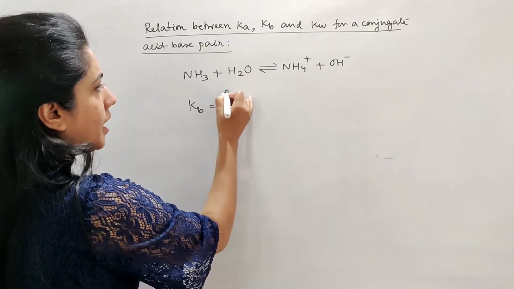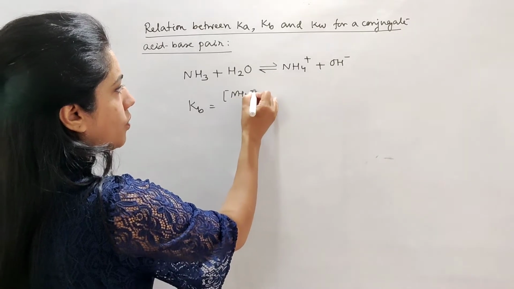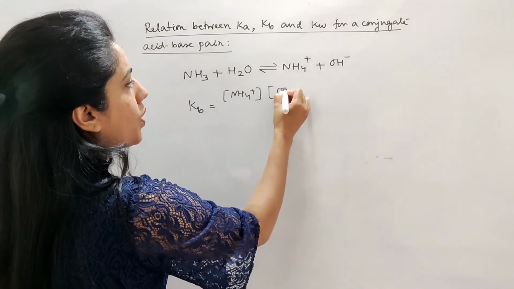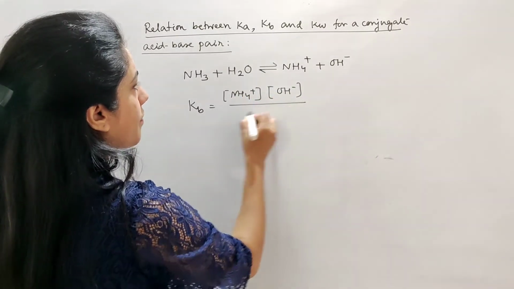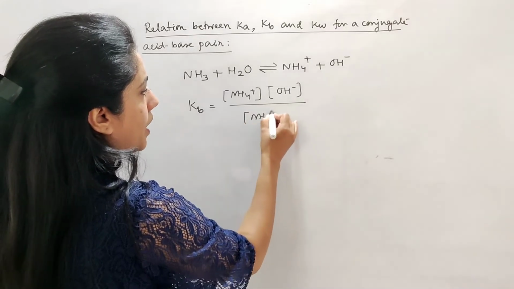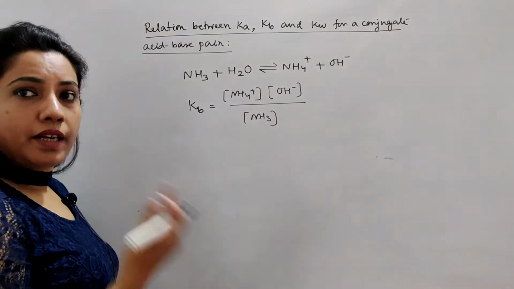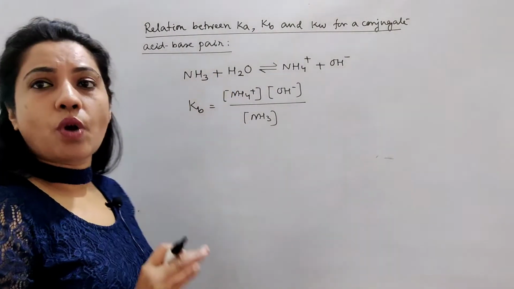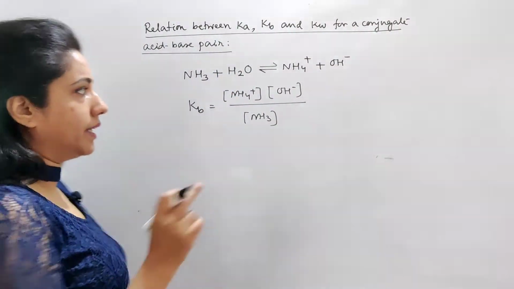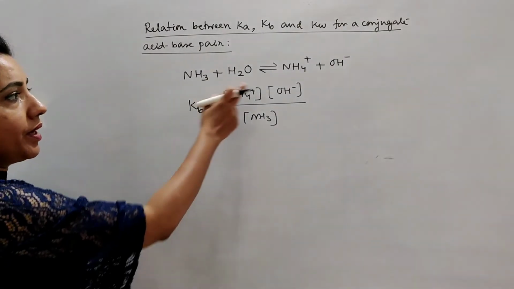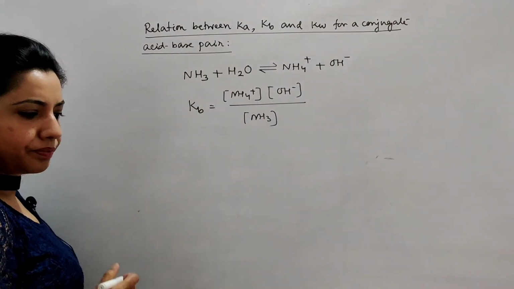Kb for this will be concentration of NH4 plus into concentration of OH minus divided by concentration of ammonia. This is the Kb for this. We will not take the concentration of H2O. Earlier I said that the concentration of H2O is almost constant, so we will not take that. So this is the Kb for this particular reaction.